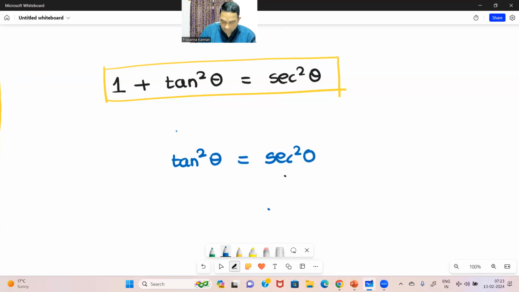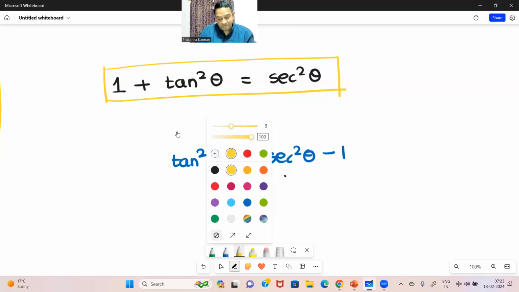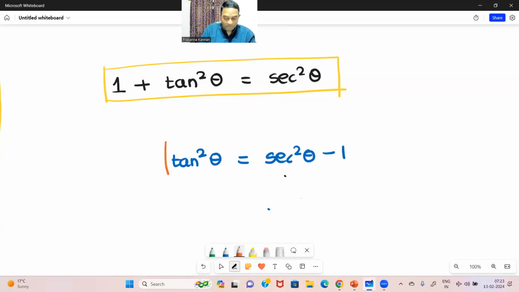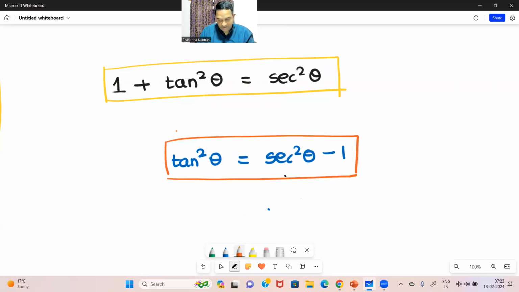Very good. So in our identities, we will use this in some problems when tan square theta is there. In the next step, we will write tan square theta as sec square theta minus 1. Correct?